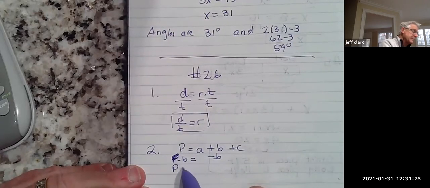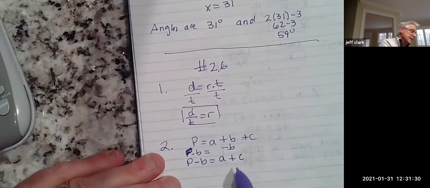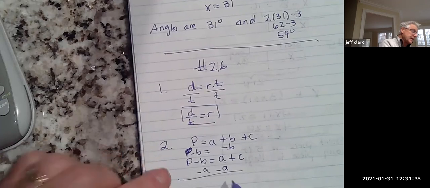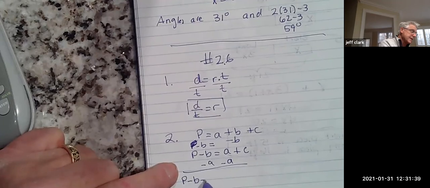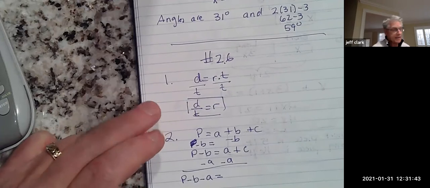You got P subtract B is equal to what's left over, A plus C. And then subtract A and subtract A. And these are not like terms on this side. So we go P subtract B subtract A. And the only thing left on the right-hand side is the letter C.